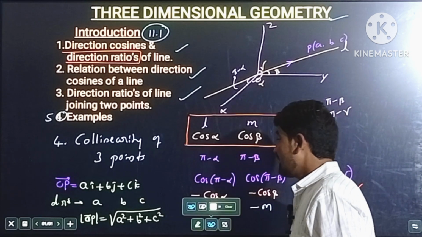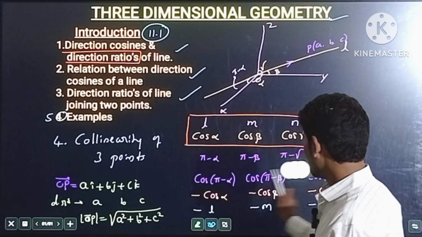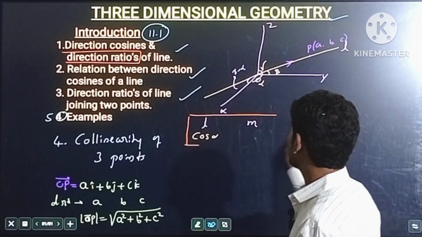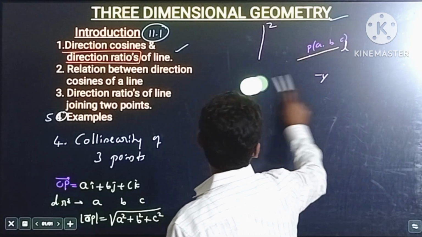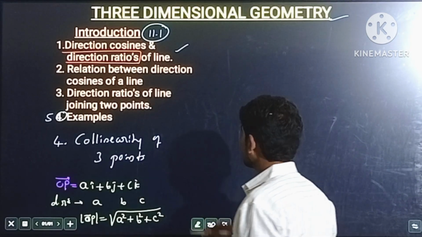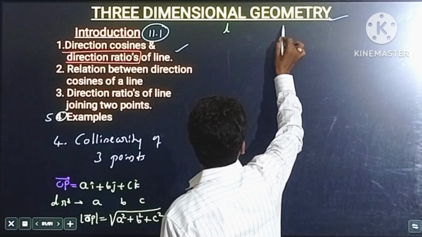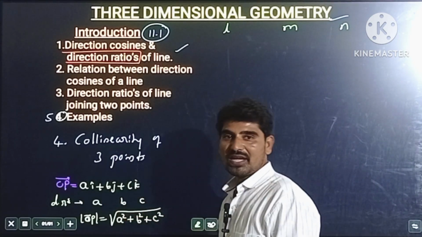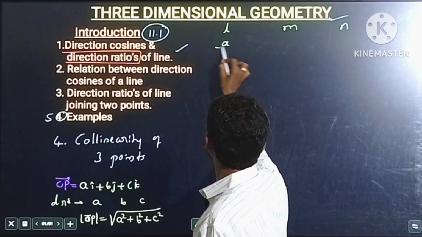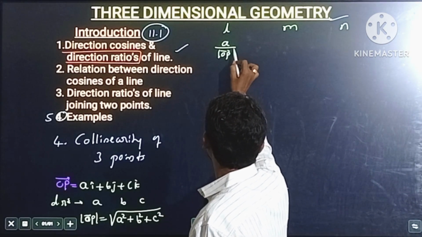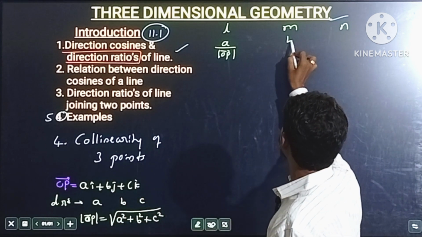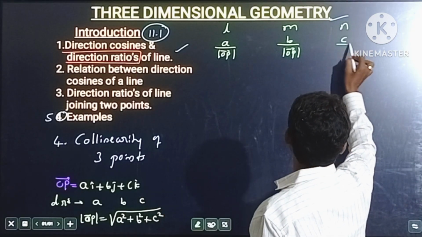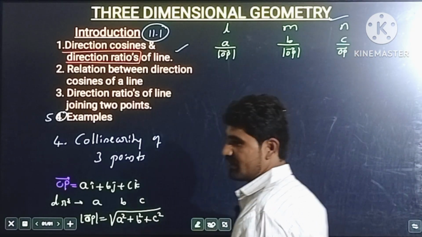And when direction ratios are given or known, then the direction cosines L, M, N are given by the value of L, the value of M and the value of N. The value of L is A divided by the magnitude of the OP vector, M is equal to B divided by the magnitude of the OP vector, and N is nothing but C divided by the magnitude of the OP vector. I hope all of you are understanding.